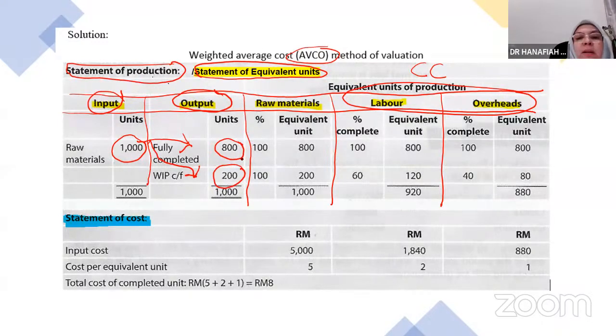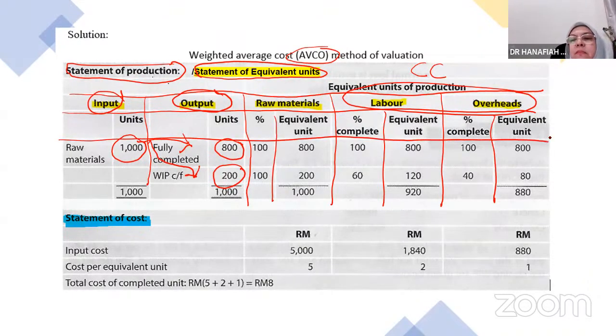The next columns are raw material, labor, and overhead, where you have a percentage of completion. For raw material, as we know, it is 100% complete.